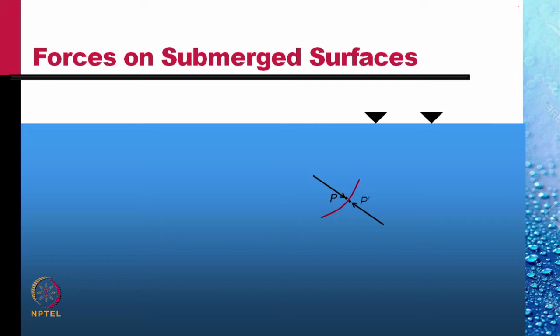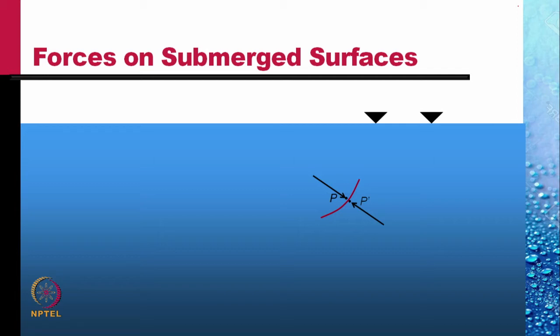On a point directly below that point, on the lower surface, there will again be a pressure P prime. Both the pressures would be equal to rho g H, where H is the depth from the free surface of the liquid.